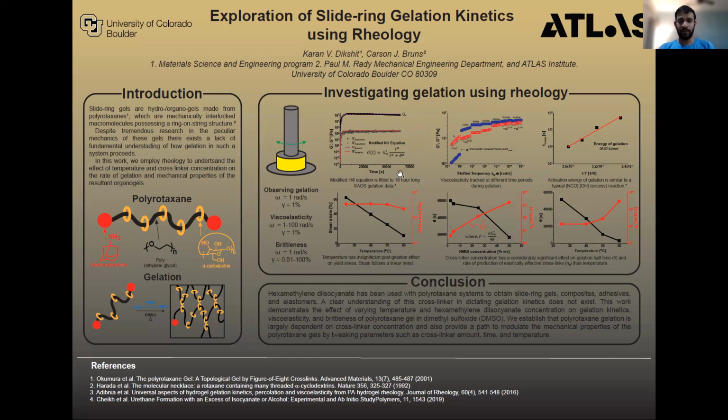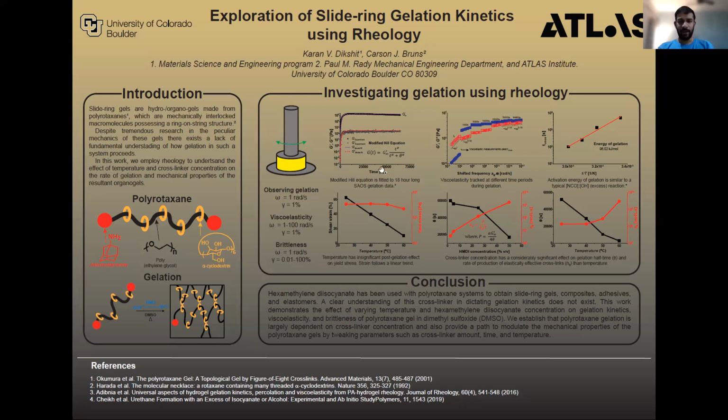These values are fitted using an equation called the modified Hill equation, which is a kinetic model that has been used primarily for concentration in pharmaceutical samples, but people have adopted this equation for gels as well.